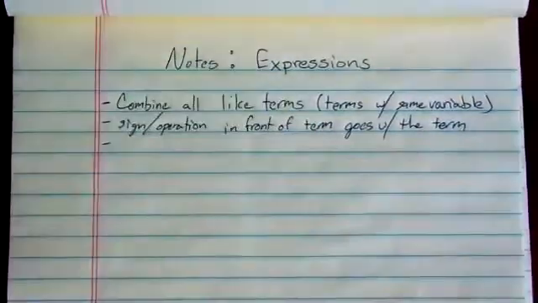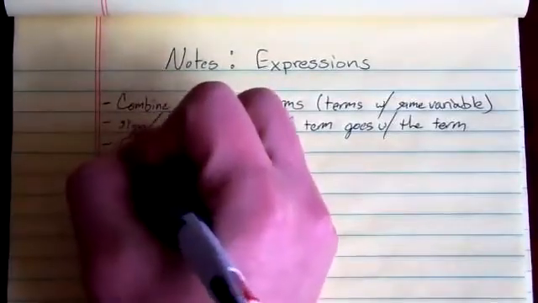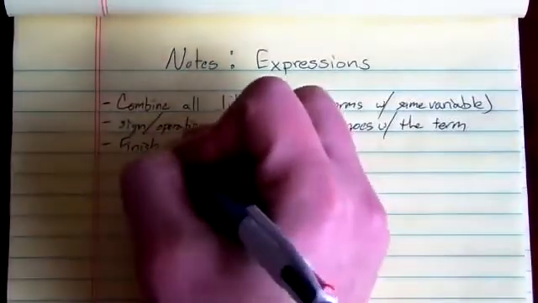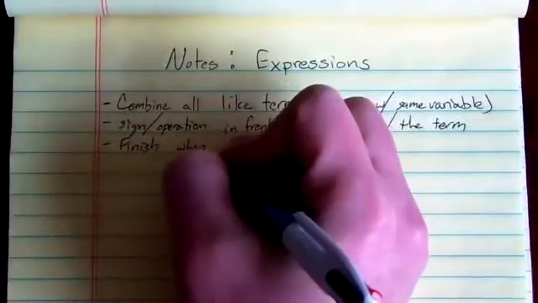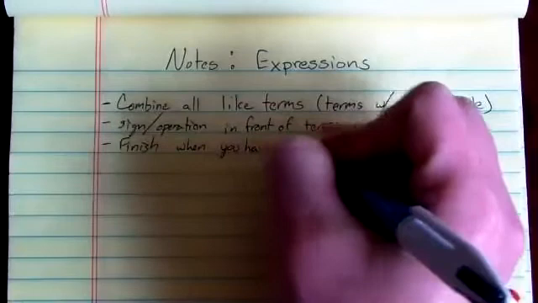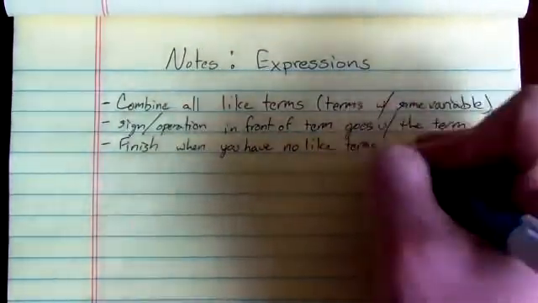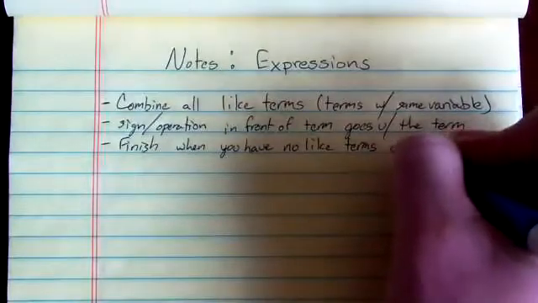And how you know you're done, how you know you've combined all like terms or you have simplified the expression, is you are finished when you have no like terms or parentheses.